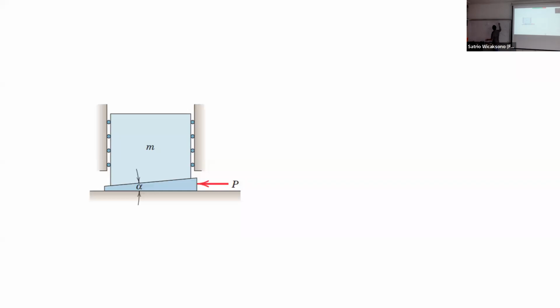Try to take a look at the first free body diagram. We have 2 equations, we have 2 unknowns. Can we solve it? Yep, you can. Just using sigma Fx1 equal to 0 and sigma Fy1 equal to 0, we will be able to solve for R and NW.